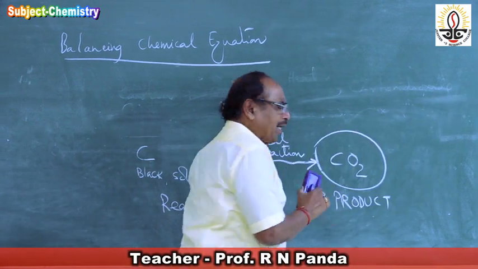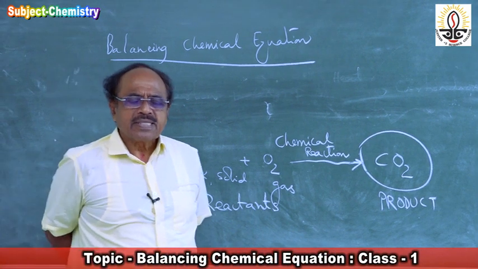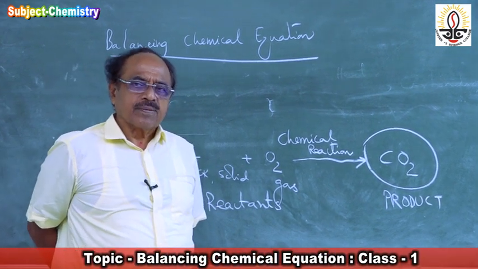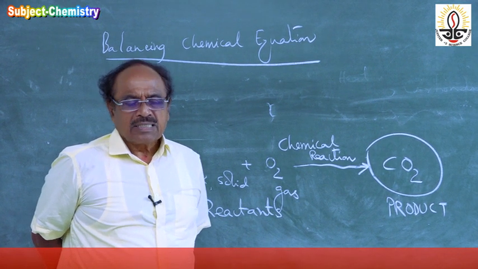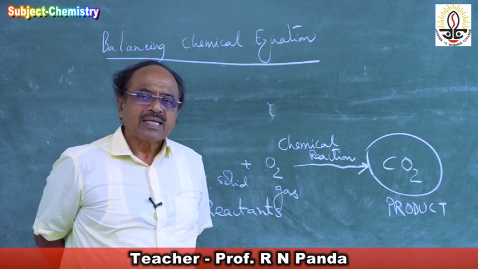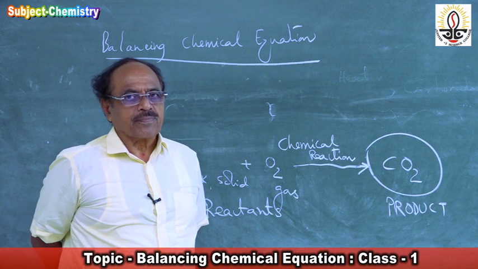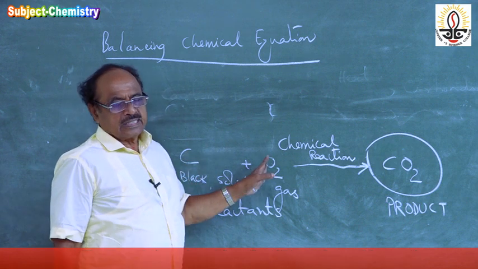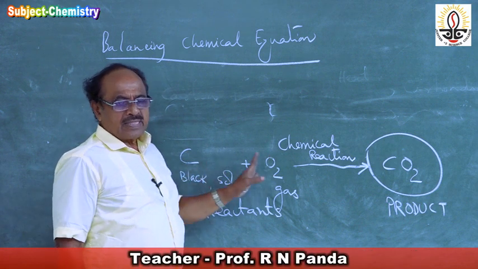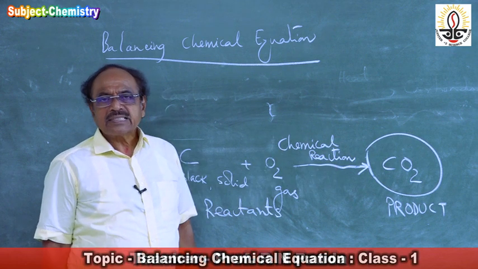And then the question comes, why can a chemical reaction be represented by a chemical equation? Because we know who takes part in chemical combination? The atoms take part in chemical combination. Here carbon is one element, oxygen is another element, they are atoms, they react, they produce carbon dioxide gas.